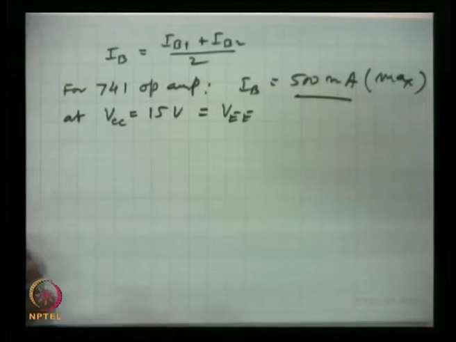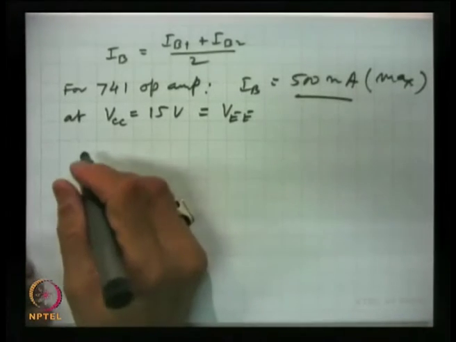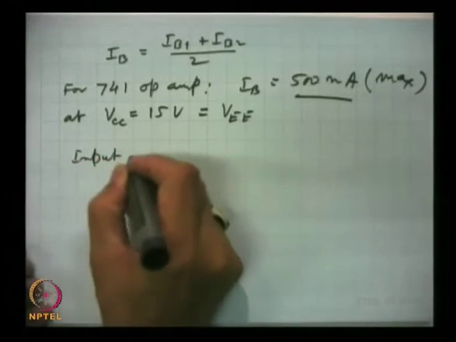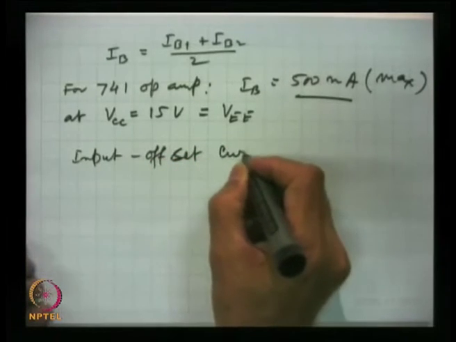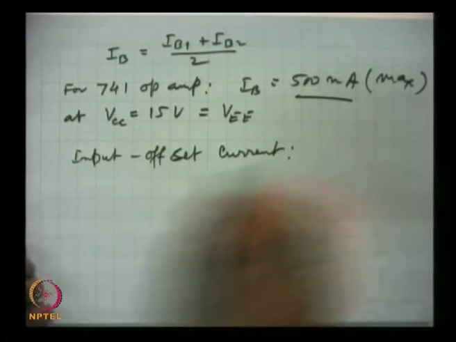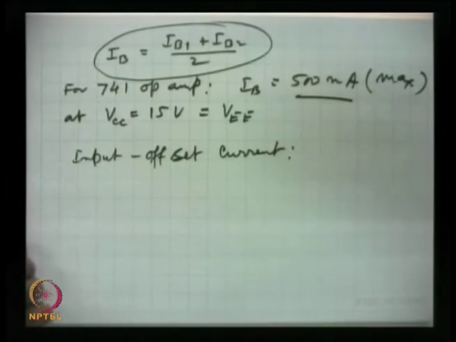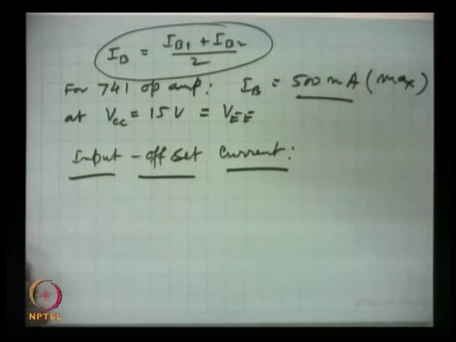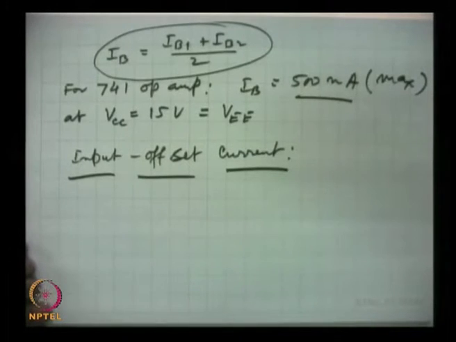There is another specification, input offset current. This input offset current is defined by the magnitude of the difference of two currents.